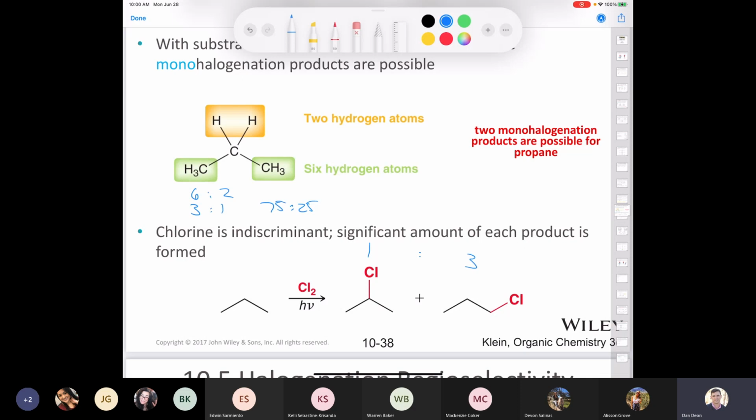But what you actually see if you do this reaction is that you end up with mostly halogenation at the methylene position, and you only end up with 40% halogenation at the methyl position. So you get something totally non-intuitive. Most of the chlorines actually end up on the methylene.